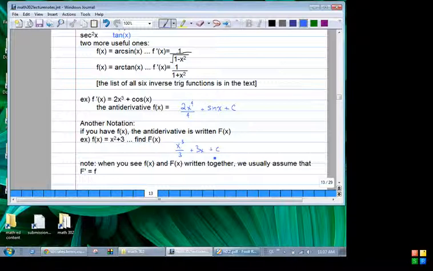Okay, to fill in that answer, yes. Can you give an example for the last one? For big F prime equals little f, here's the example right here. If I label it, there you go.